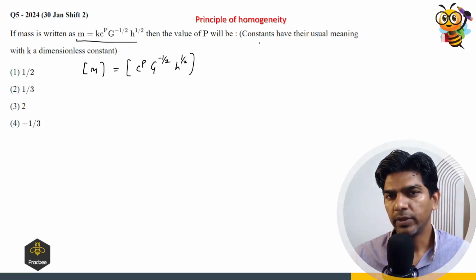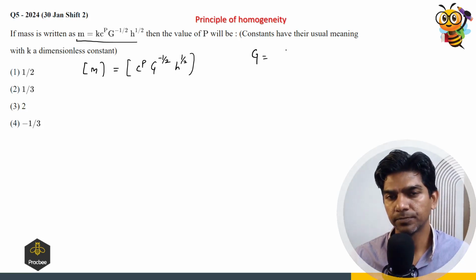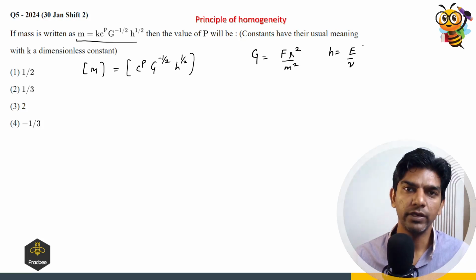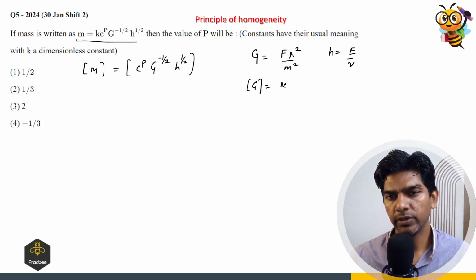They have mentioned constants have their usual meaning. So this G is the universal gravitational constant, which is given by F r square upon m square, and Planck's constant will be given by E by nu, where E is the energy and nu is the frequency. Now let us find the dimension of G. It will be M raised to power 1, L raised to power 1, T raised to power minus 2, r square will be L square, and m square will be M square, right?